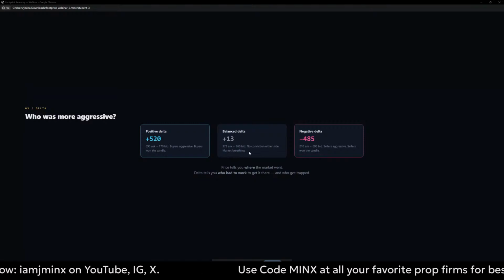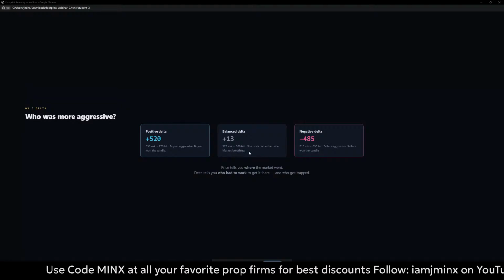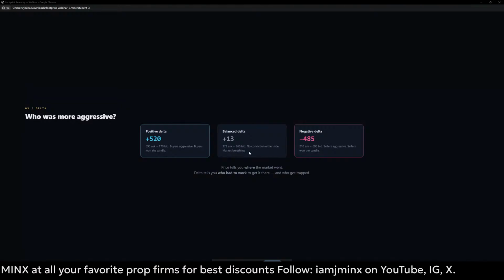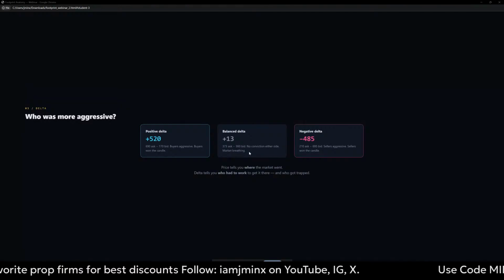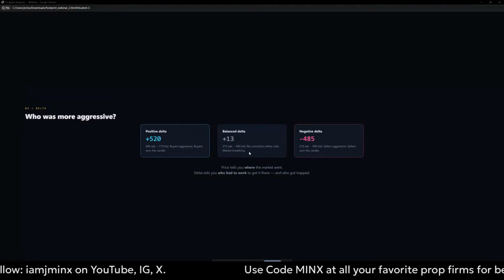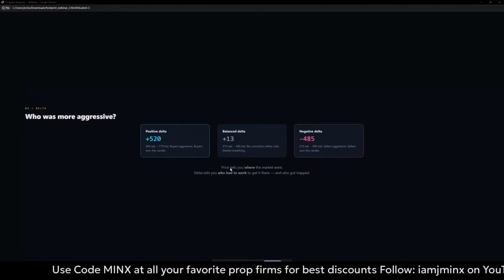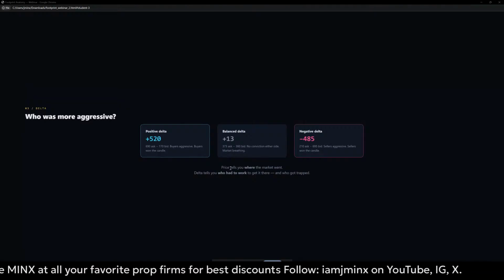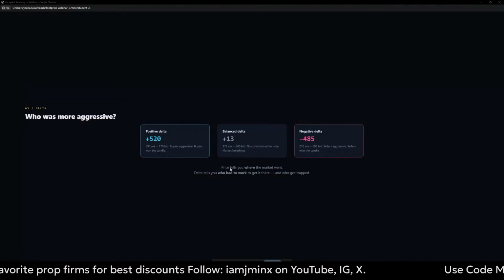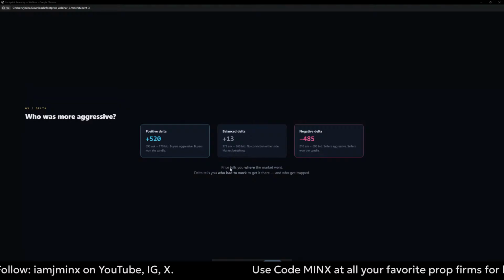It's kind of like reading the tape within a candle, and if you can't see the tape, where's the footprint? Where's the order flow? Basically, the delta is going to answer one question: who was more aggressive? Was it buyers or sellers? Positive delta, obviously the buyers lifted the offer harder than sellers hit the bid.